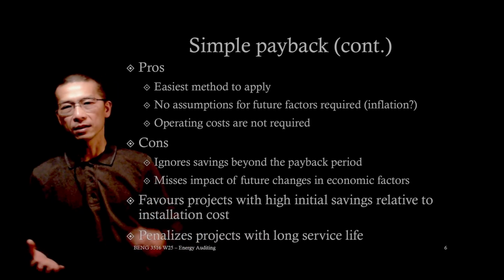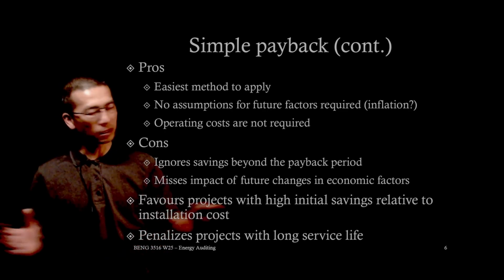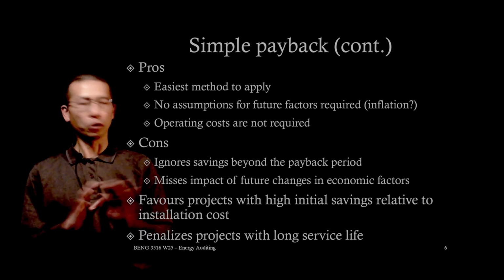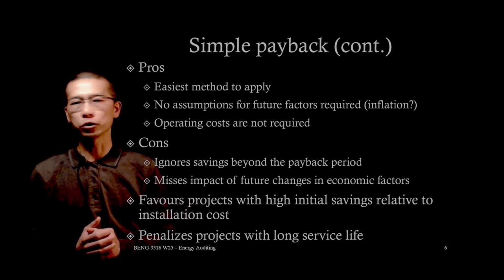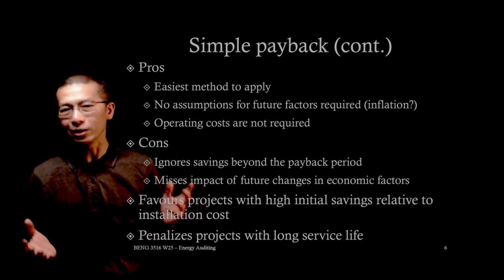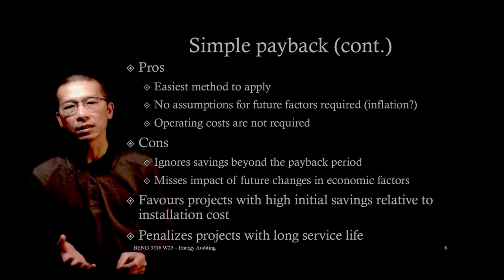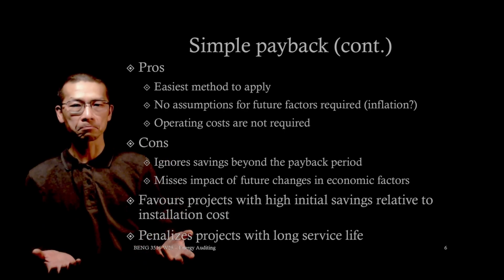It's quick to calculate, with no complex financial models. Also, no assumptions about future factors are required. It relies only on the current utility rate and the annual savings, right?